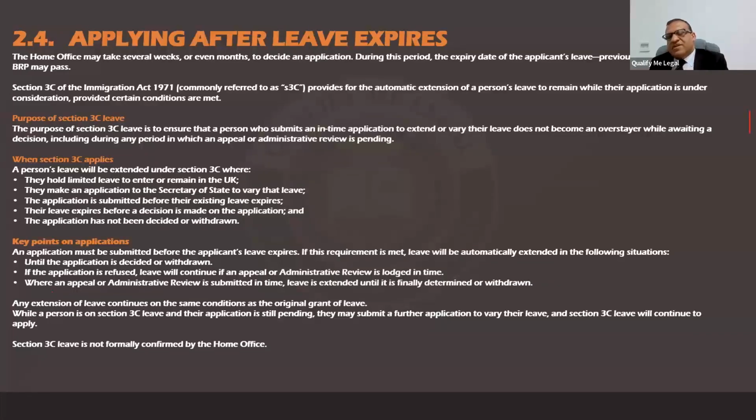This is the whole crux of Section 3C. To give protection from becoming an overstayer while the application is pending with the Home Office, we have Section 3C of the Immigration Act 1971.